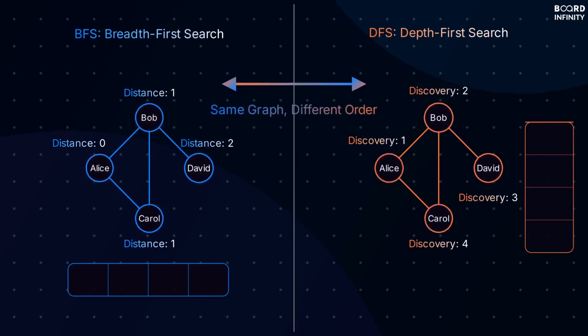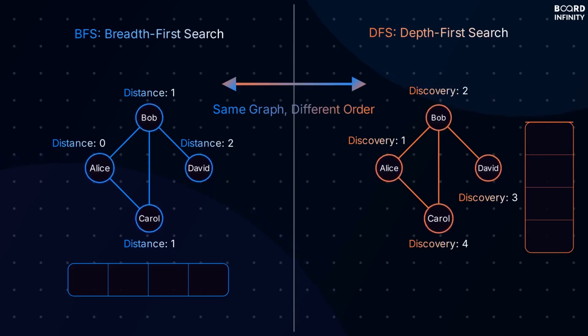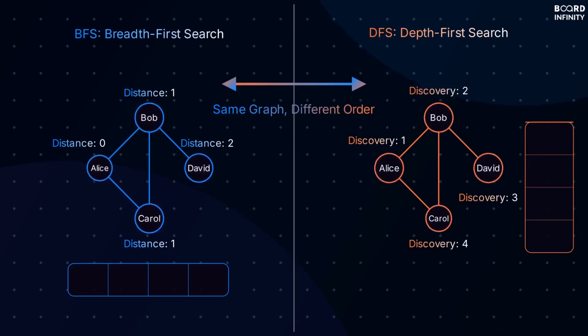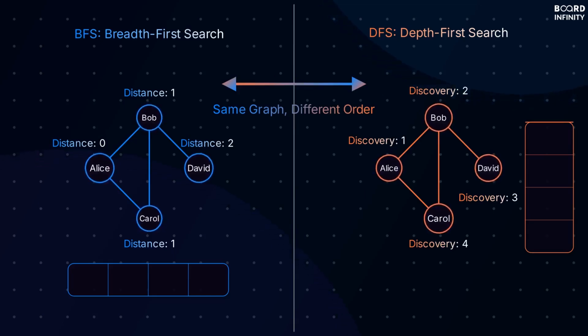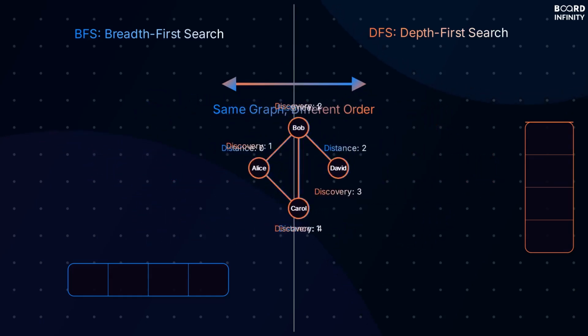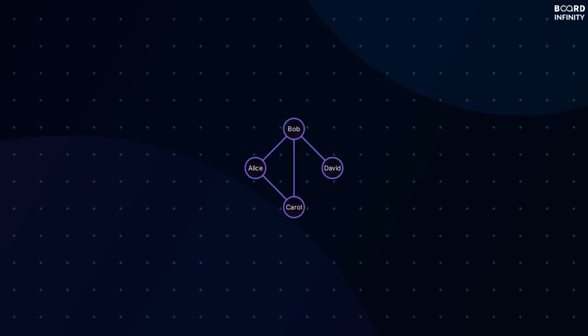This side-by-side comparison highlights a crucial difference. While both algorithms explore the entire graph, their traversal order and the paths they emphasize are distinct, leading to different insights and applications. Notice how breadth-first search, by prioritizing layers, naturally identifies the shortest path from the start node.